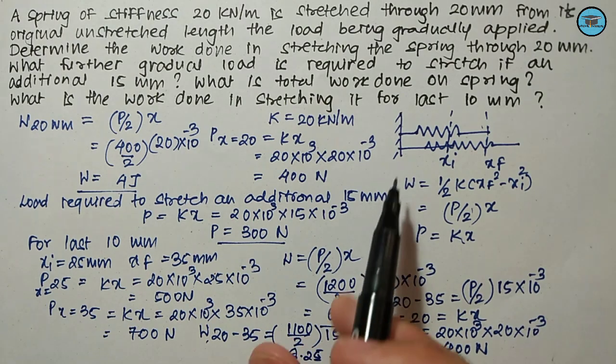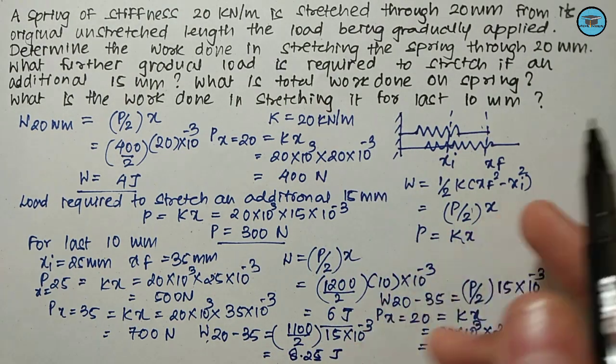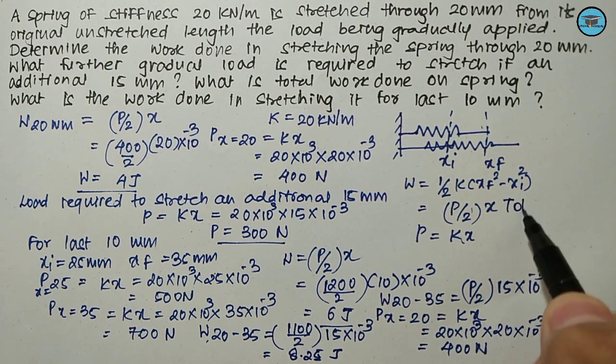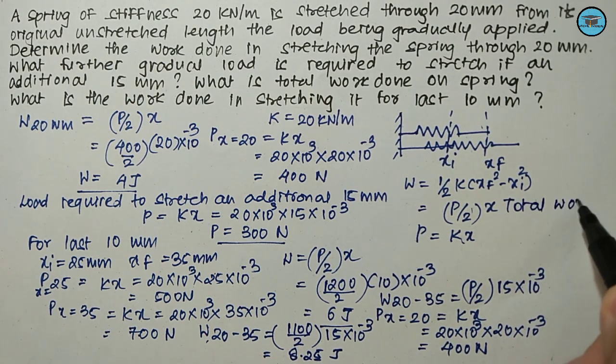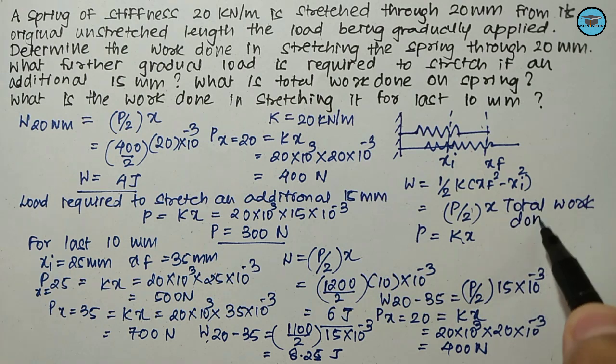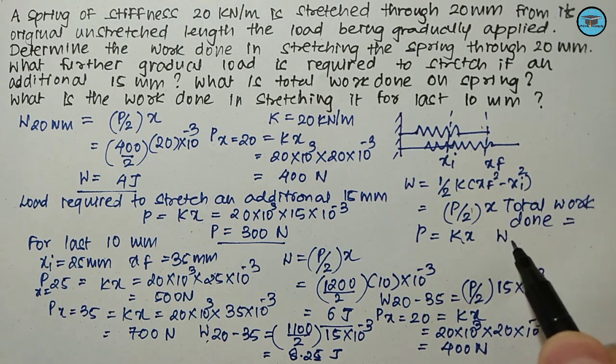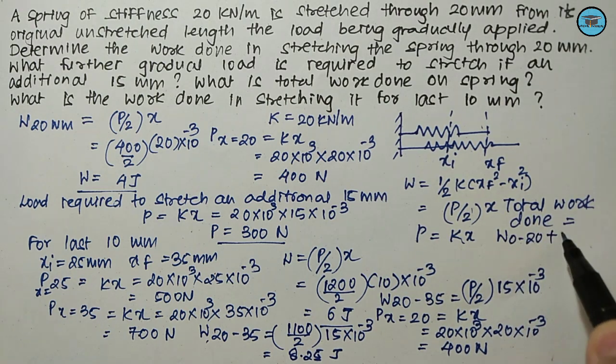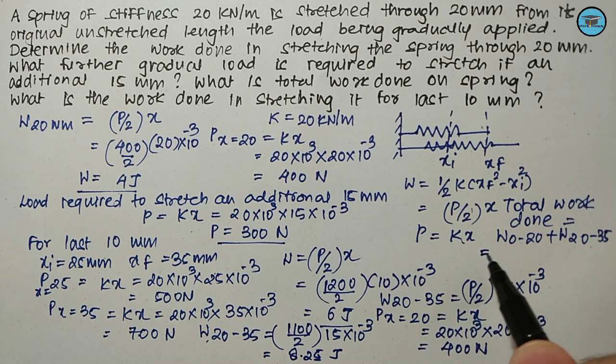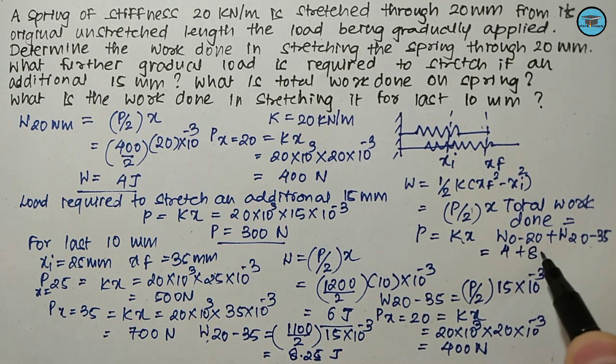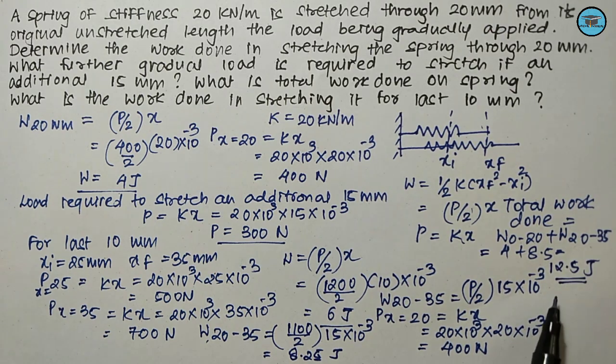So the total work done is the work done from 0 to 20 plus the work done from 20 to 35, that is 4 plus 8.25, which is 12.25 joule. So the total work done on the spring is 12.25 joule.